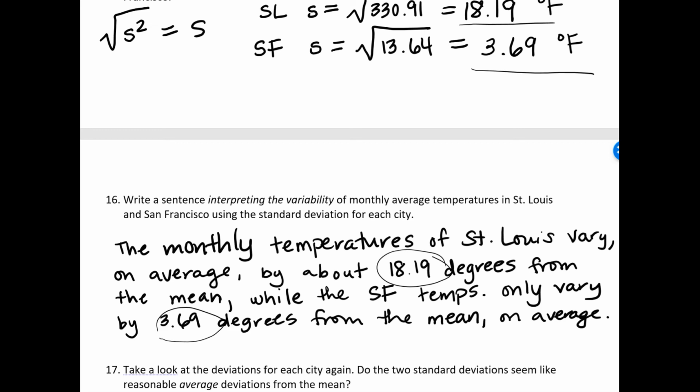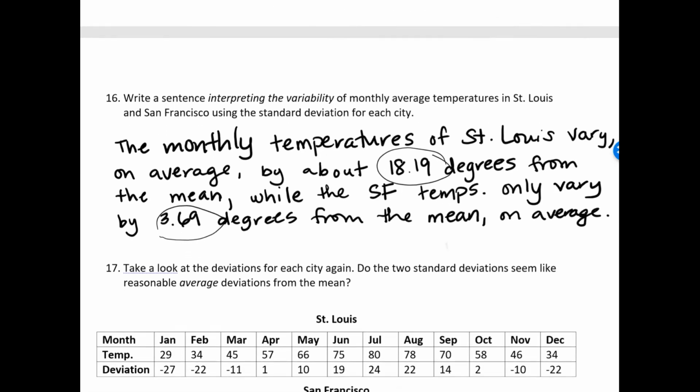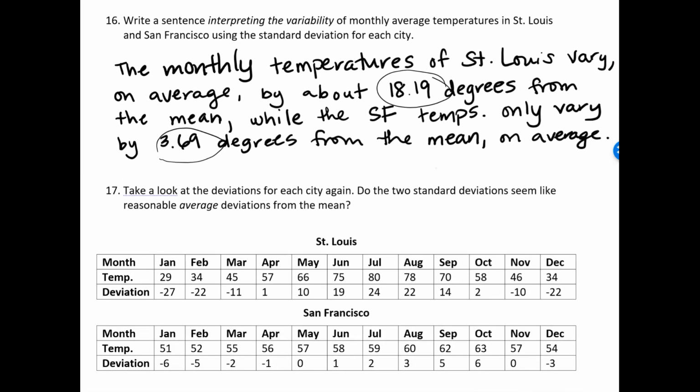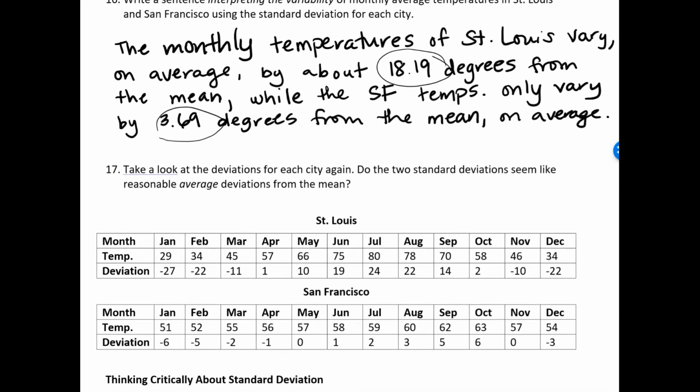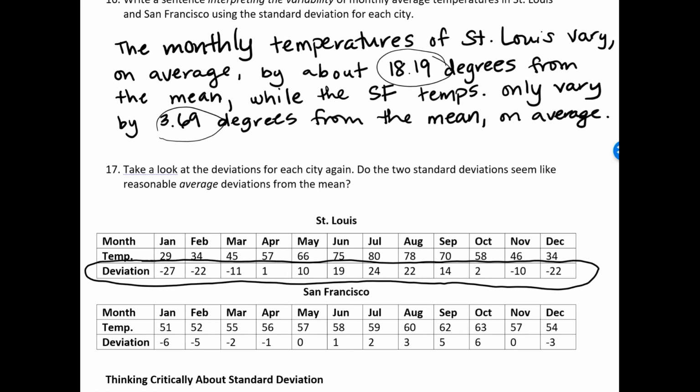So does this make sense? Right? So taking a look at these deviations for each city again. For St. Louis, using our roundabout square and unsquare method, these temperatures vary about 18 degrees from the mean of 56.